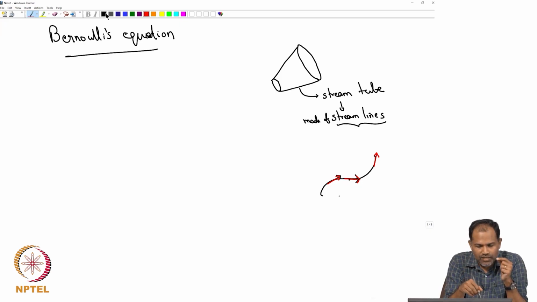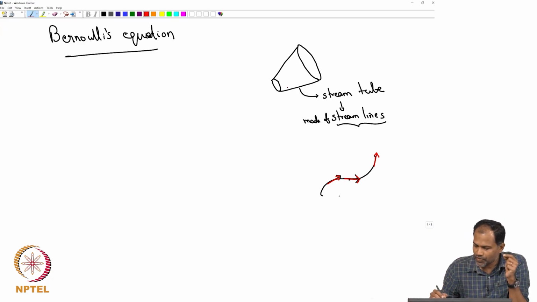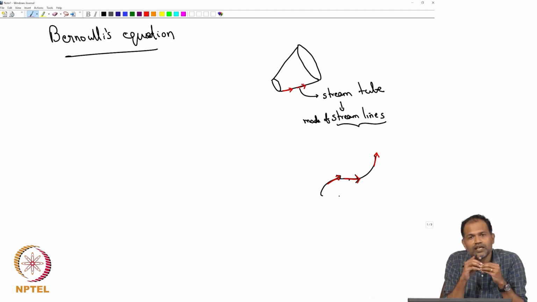So, for us that means that if this is what the stream tube is, if I take any point and draw a tangent, that is basically going to be the direction in which the fluid is flowing. There can't be a fluid motion that is perpendicular, because by definition streamline is the one which is drawn such that the velocity is tangential to it.